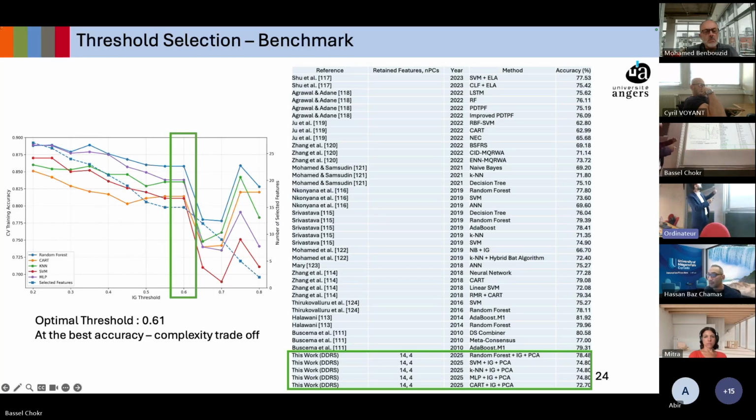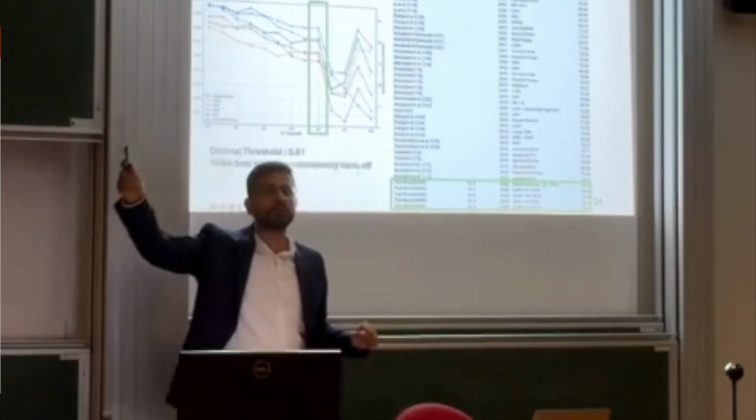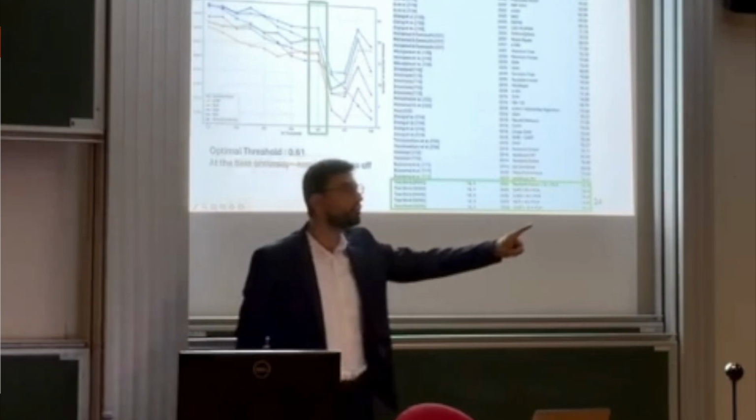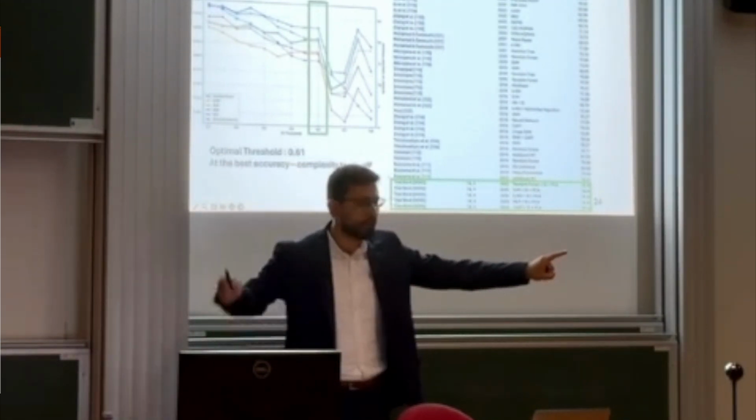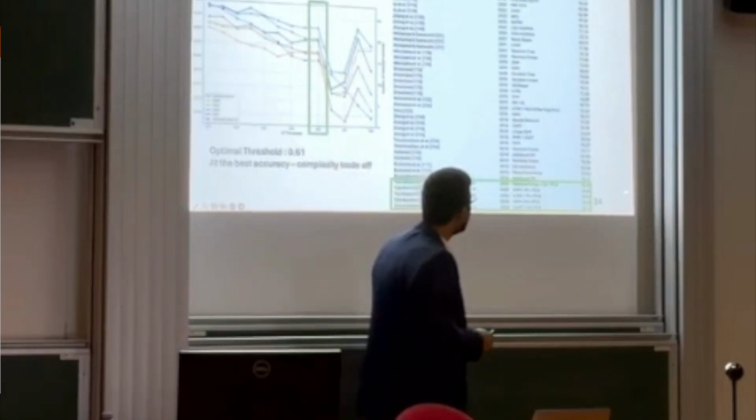Out of the 27 features we started with, we get to 14, and then after PCA, at the optimal threshold, which has the best accuracy-complexity trade-off, we get to 4 principal components. So starting from 27 features, we get to 4 principal components, passing through a 15 feature subset using information gain, and we get the following result.